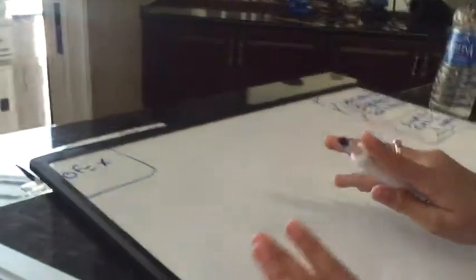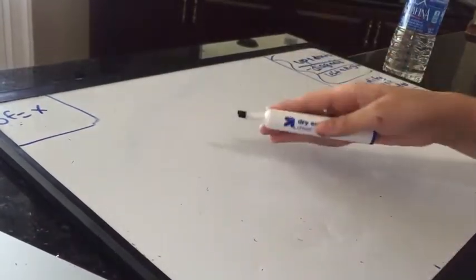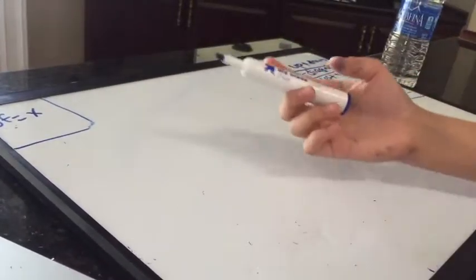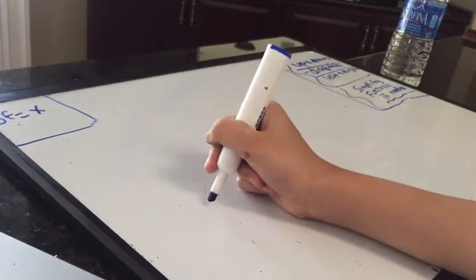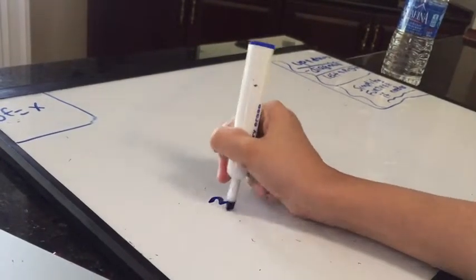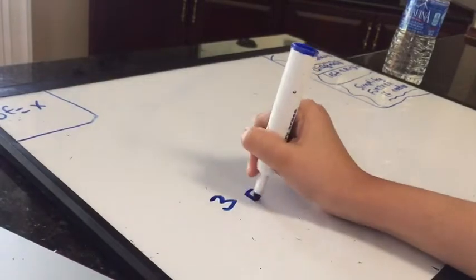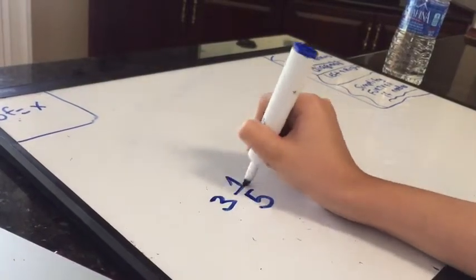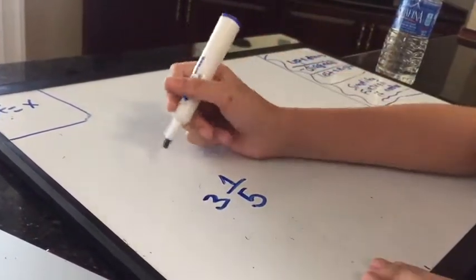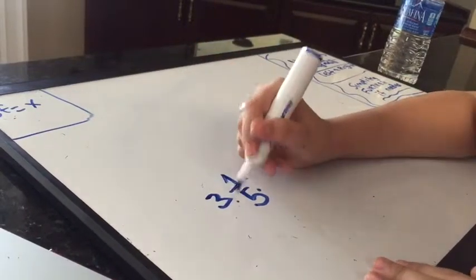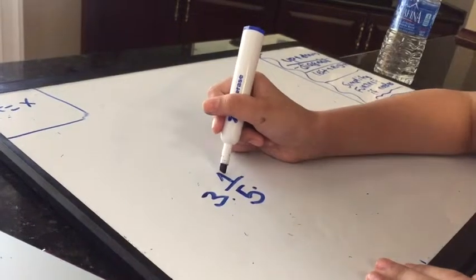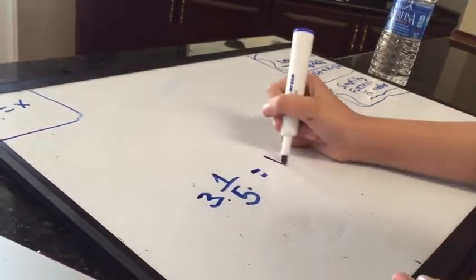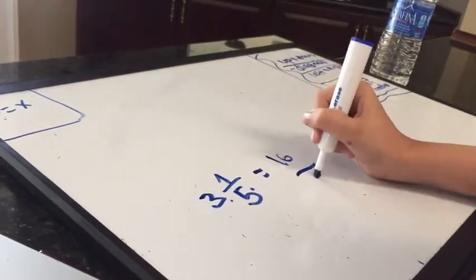Since these are mixed fractions, we need to turn them into improper fractions, because it will not be possible to multiply while they're mixed fractions. So for 3 1/5, we do 5 times 3, that's 15, and then you add the 1, which equals 16, and the bottom is 5.